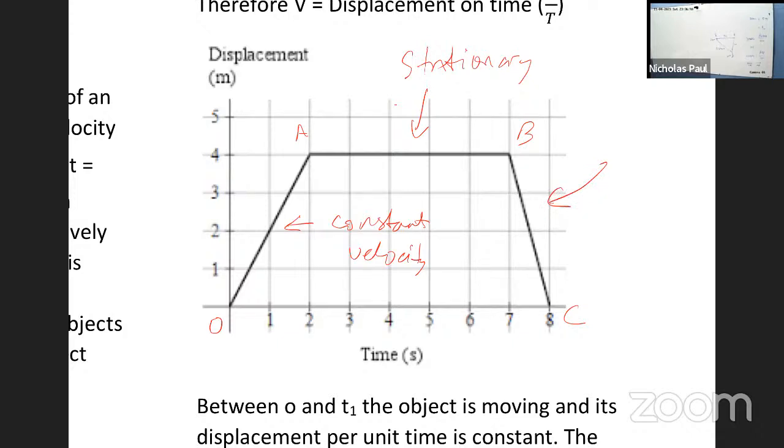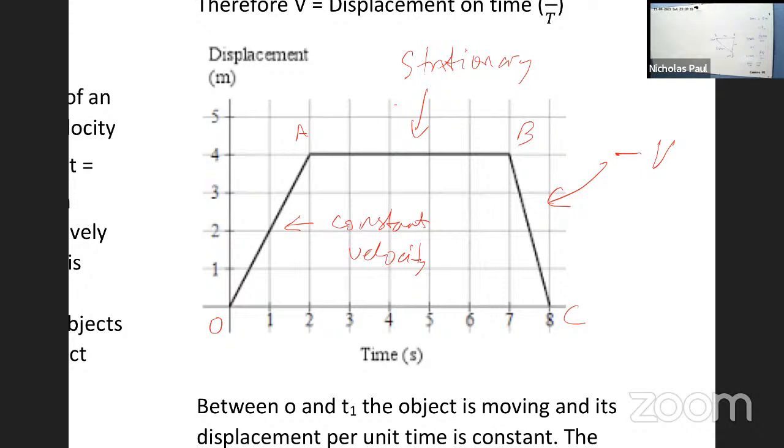How about here? Distance is changing and time is changing, so the person is moving, right? But we're getting negative velocity. So what does that mean? It means that we change direction.